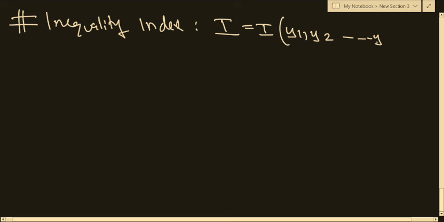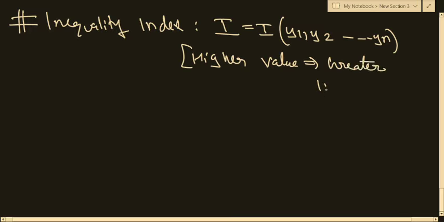A higher value of I implies higher, greater inequality. Okay. So let's quickly see what mathematical interpretations we have. We have the anonymity principle.